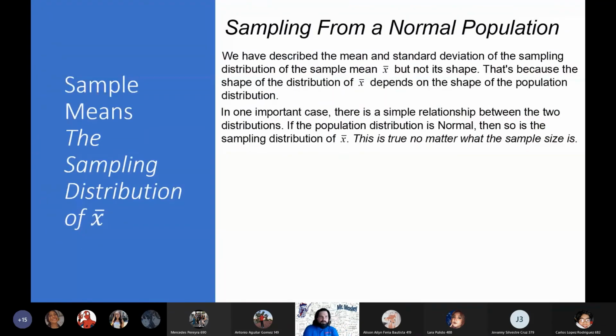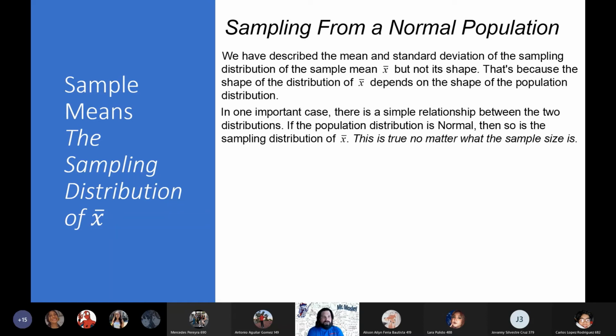So sampling from a normal population. We have described the mean and standard deviation of the sampling distribution of the sample mean x bar, but not its shape. It's because the shape of the distribution of x bar depends on the shape of the population distribution. In one important case, there's a simple relationship between the two distributions. If the population distribution is normal, then so is the sampling distribution of x bar.